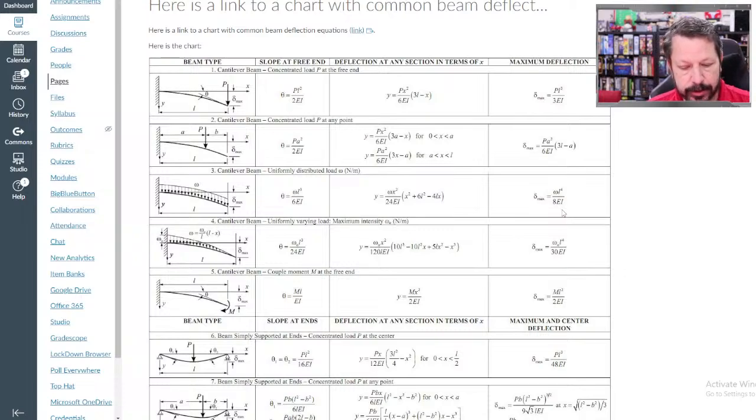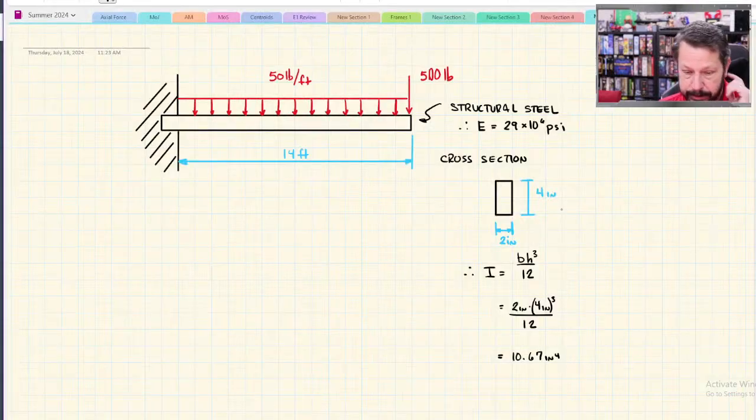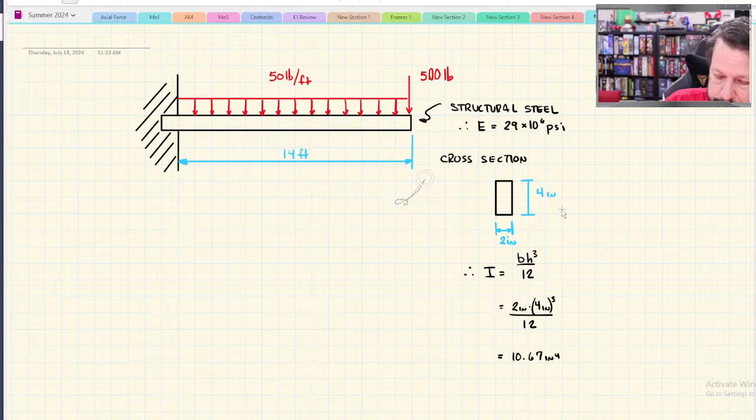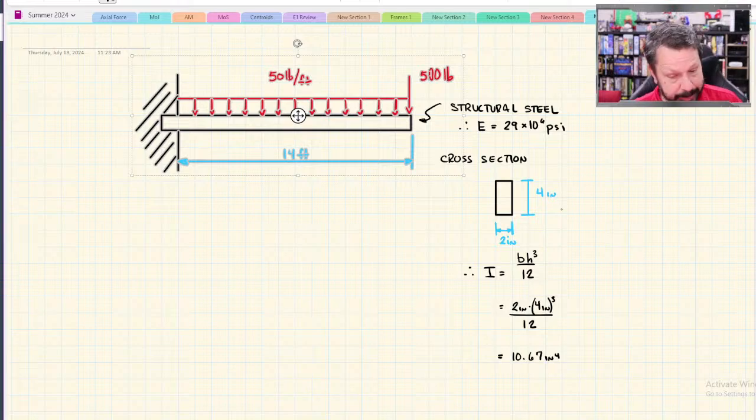So we're going to use those two scenarios, calculate the point load first, then calculate the distributed load, and add the results together. That's superposition. If I were drawing this out, I'm going to copy it so I can do it quickly.